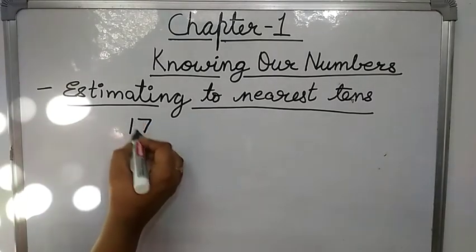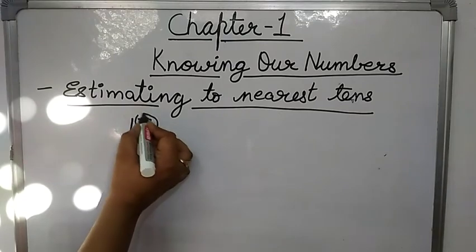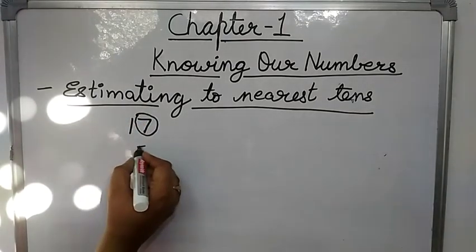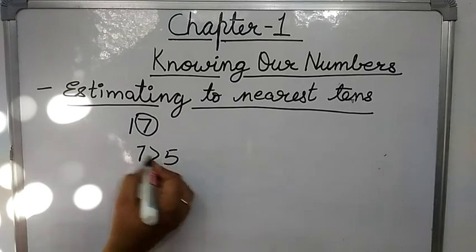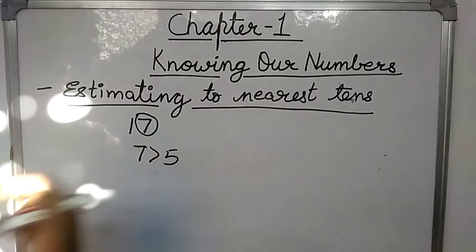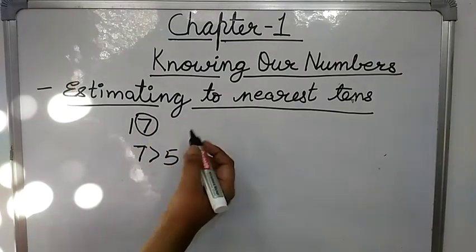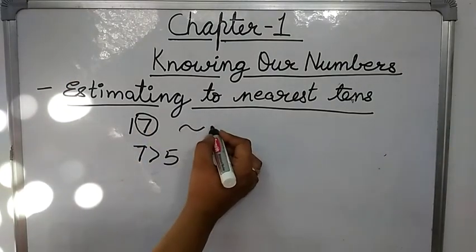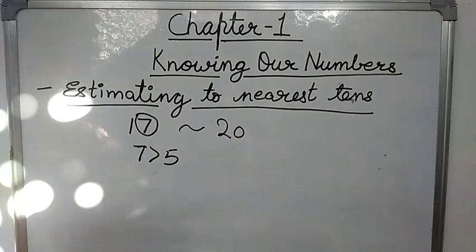Now see, this 7 is greater than 5. That means it will be estimated to its next 10. So what is near to 17? It will be estimated as 20.